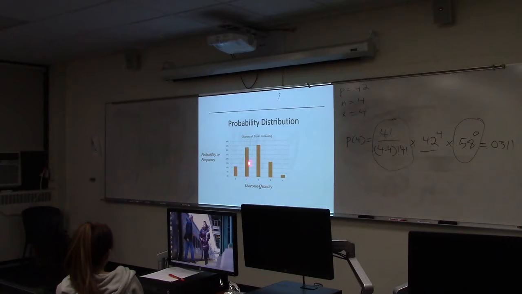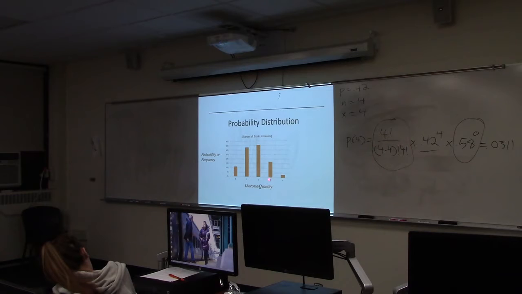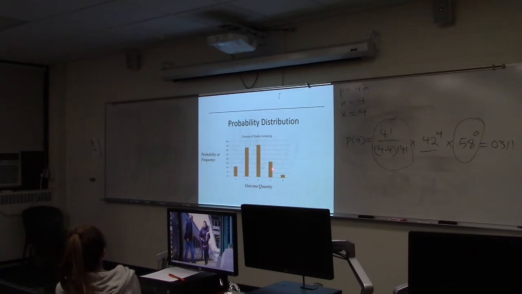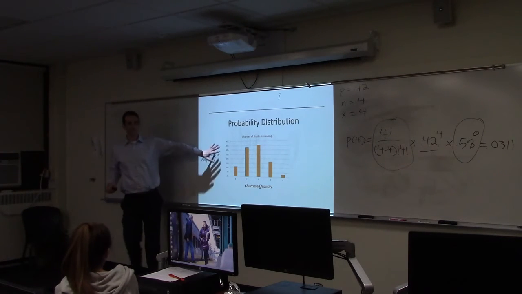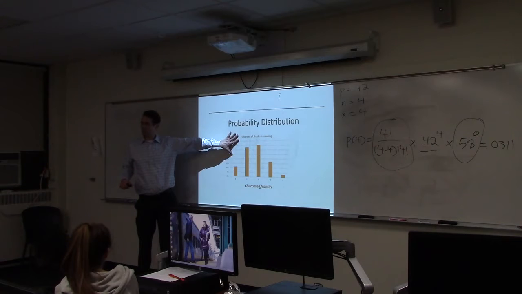And how about 1 stock advancing? 32. So we've got 11, 32, 36. The probability of getting 3 winners is about 17%, and we calculated the probability of 4 at 3.11%.